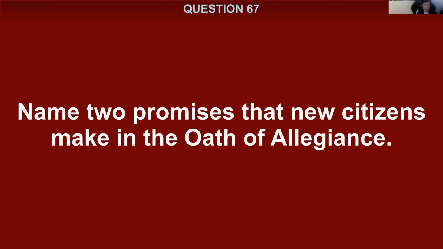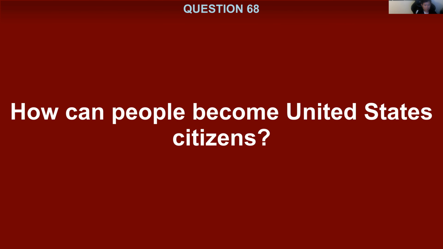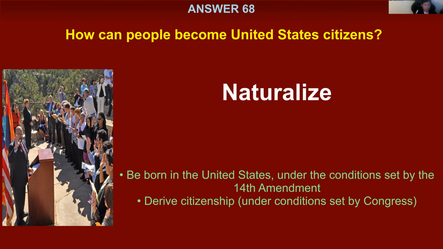Name 2 promises that new citizens make in the oath of allegiance. Obey the laws of the United States. Be loyal to the United States. How can people become United States citizens? Naturalize.